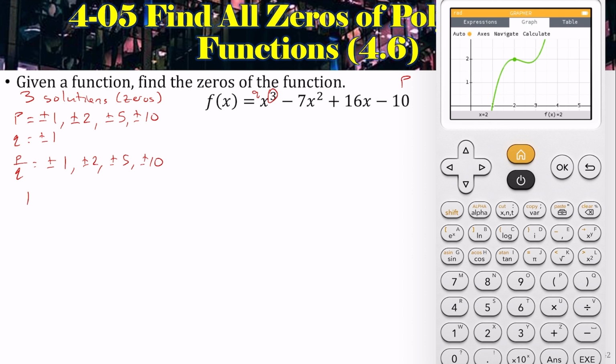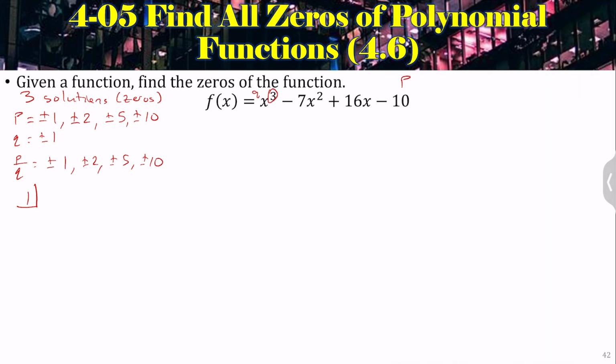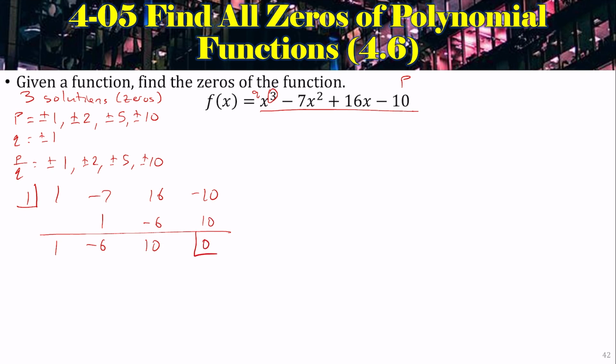So let's try that for our synthetic division. Coefficients, 1 from our function, 1, -7, 16, -10. Bring down, multiply, add, multiply, add, multiply, add. Oh, look at that, we got a 0.